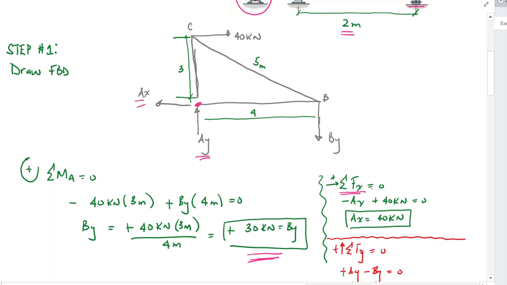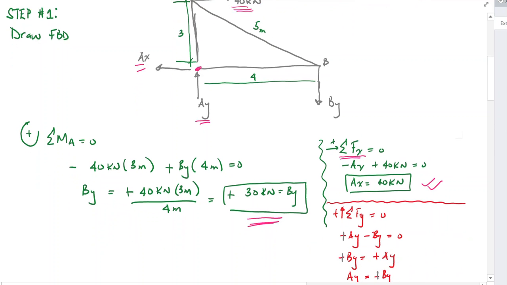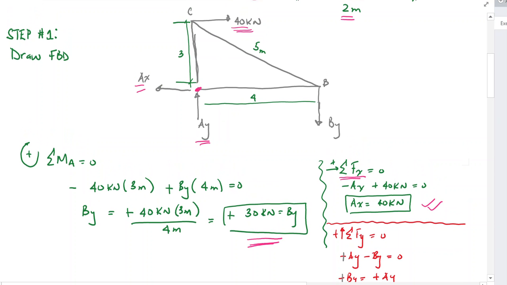I know the force at point C is 40 kilonewtons, and I can solve for AX, which will be 40 kilonewtons. Then when I look at the sum of the forces in the Y direction, you'll notice I have two colors here, because initially I chose the wrong direction.